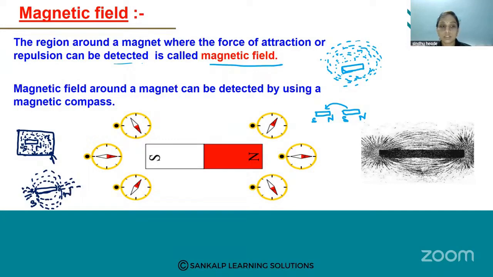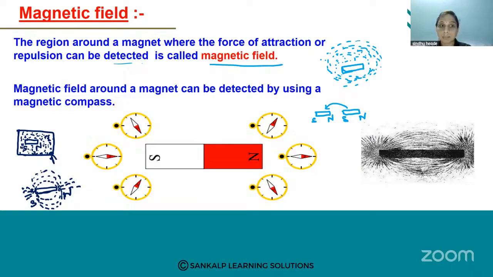Okay, so what are we doing here? On a white sheet we just randomly place some iron filings. When we tap one end of this paper, after some time all the iron filings come close to this magnet and get arranged like this.